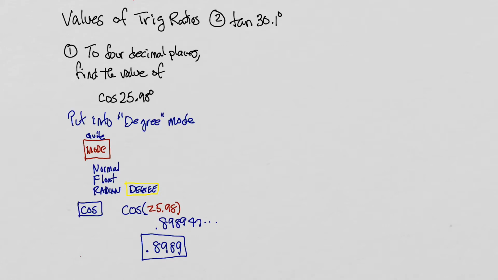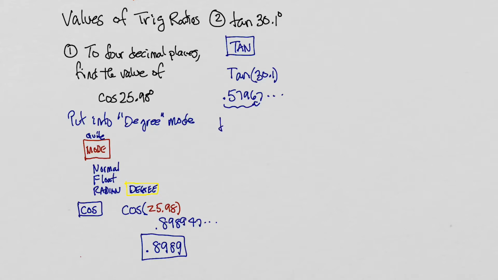Now in number 2, we're going to find the tangent of 30.1 degrees. We're going to press the tangent key, which is just to the right of the cosine key. When you do that, what comes up is tangent with a parenthesis. Type in 30.1 and then close the parentheses, and I'm getting 0.57967... Rounding to 4 decimal places, 1, 2, 3, 4, we're going to round that up.